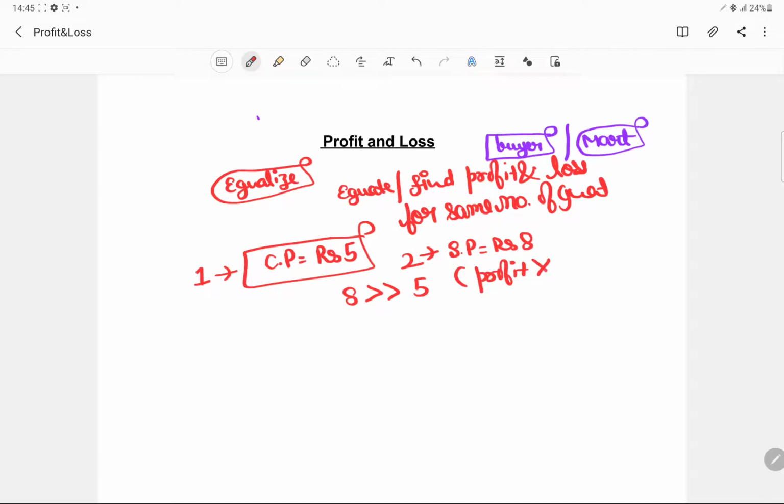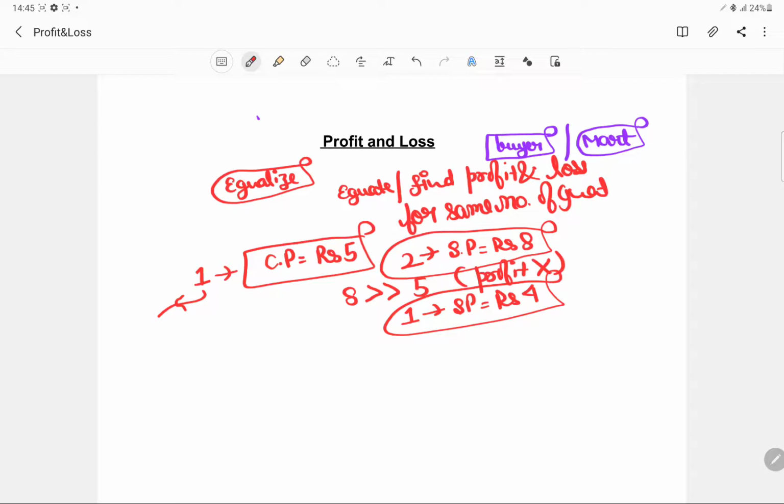No, I cannot, because it was actually the selling price of two pencils. So for a genuine answer, you should always equate this. So the selling price of one pencil was rupees 4. So in this case, I actually ended up getting a loss of rupee 1.